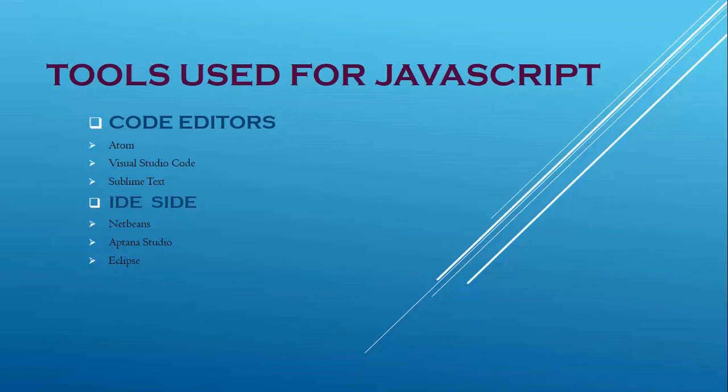What matters most is that your solution has proper support for JavaScript, including code highlighting and code hinting. Some editors are Atom, Visual Studio Code, and Sublime Text. And on the IDE side, you have NetBeans, Aptana Studio, Eclipse, and more. Here we will be using Visual Studio Code.